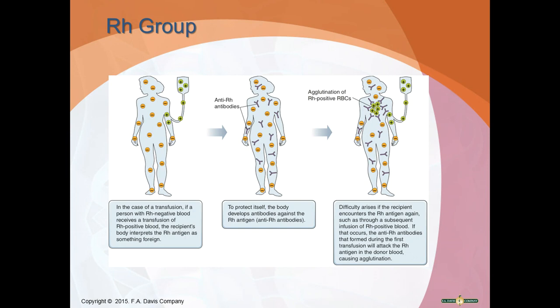To protect itself, it develops anti-Rh antibodies. If the person receives a subsequent transfusion of Rh positive blood, the anti-Rh antibodies formed during the first transfusion will attack the Rh antigen in the donor blood, causing agglutination. This is explained about the Rh group on page 268.